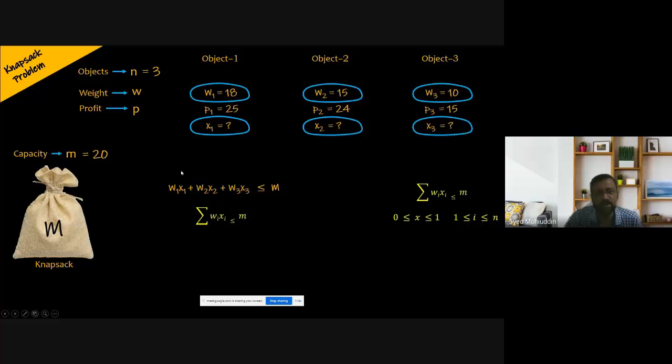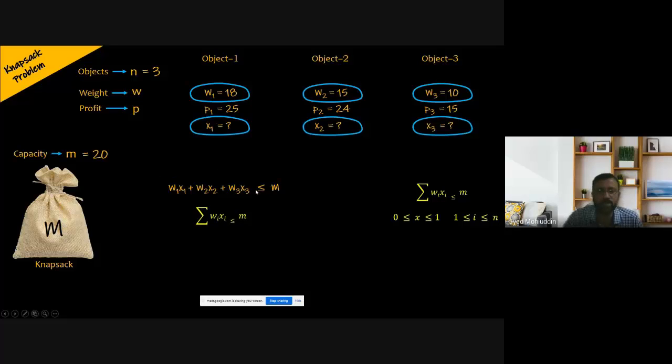Now what we say is fraction of weight. So it is W1 of X1. How much of object 1 is put in the bag, in the knapsack, plus fraction of W2, weight 2. So how much of object 2 is put in the bag? Plus W3 into X3, that is how much fraction X3 into the weight is put in the bag.